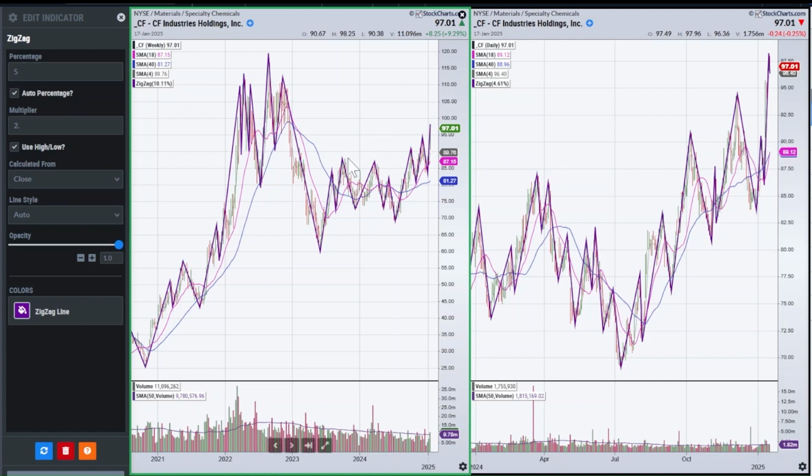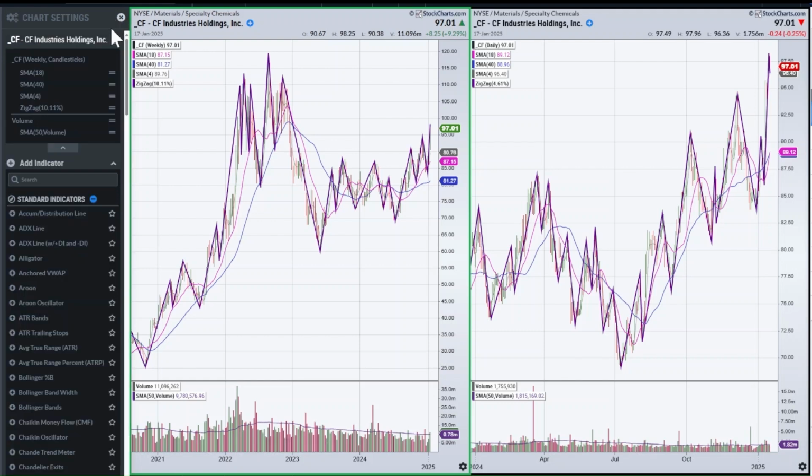We're using the average true range from a low to a high to reverse a move, and vice versa. I have found that the 2 works better for catching the majority of the swings, especially when I look at it in terms of the relationship to my moving average setups. So use the 5 with the 2, use the high to low, make sure that's set up, and then just use close will work fine.